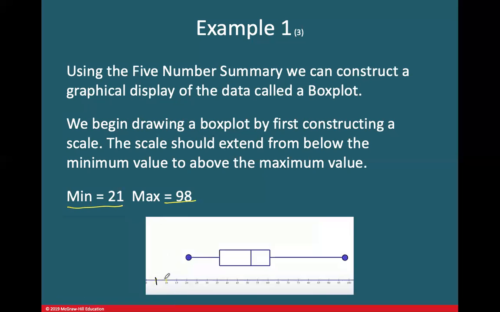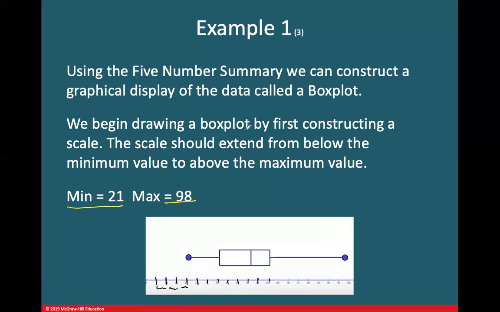So 5, 10, 15, 20, 25, 30, 35, 40, 45, 50, 55, 60. I mean, they must be equally distributed, like a ruler, okay?